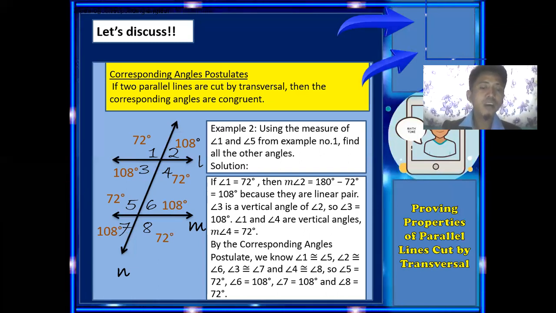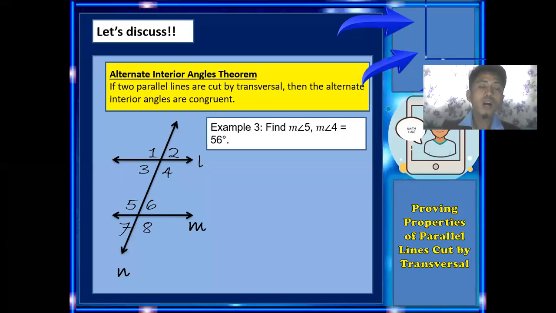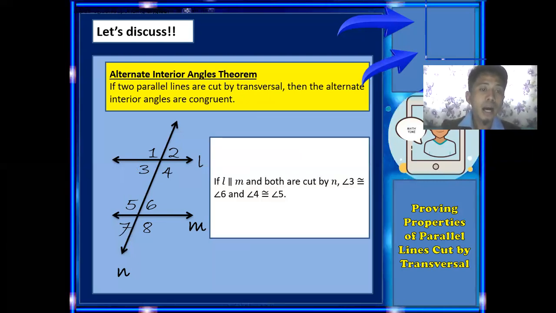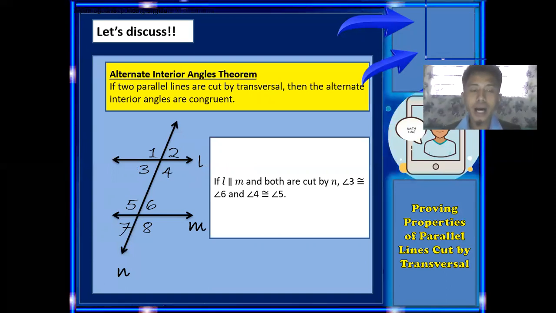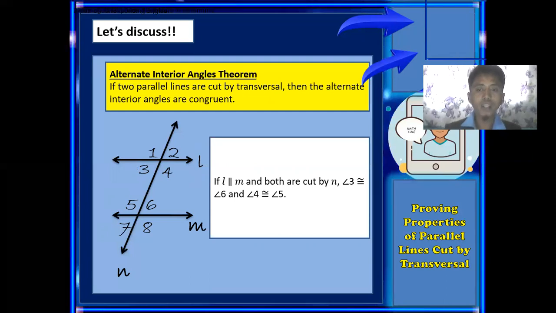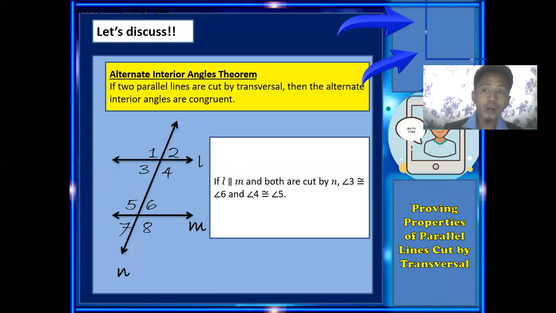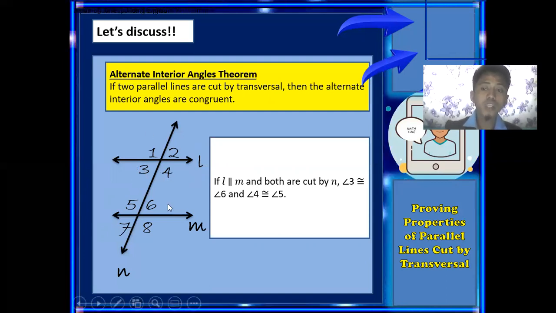Okay, so if you don't have any questions, that is the concept. Let's go on to the alternate interior angle theorem. So what is this alternate interior angle theorem? From the words themselves, alternate and interior. First we need to identify the set of interior angles. What are the set of interior angles?